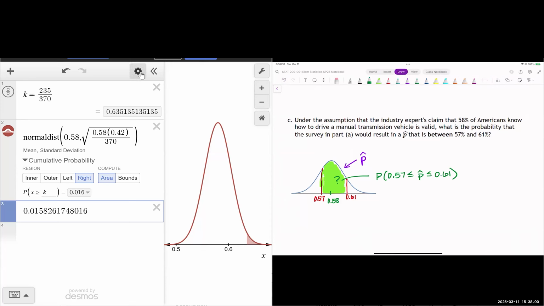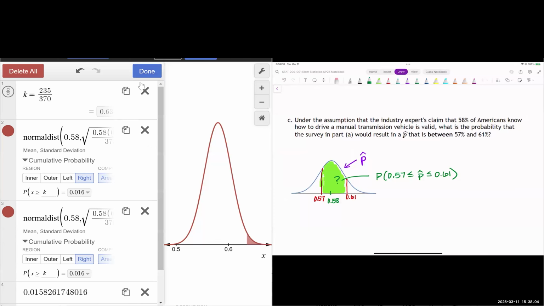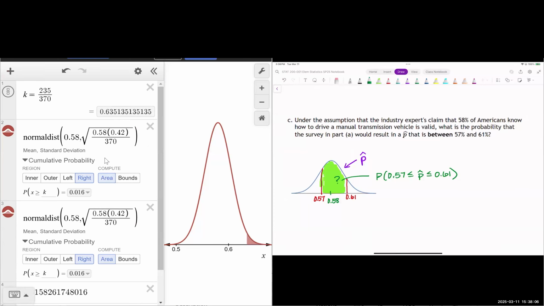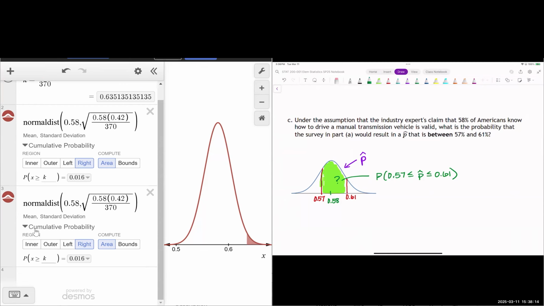And so I'm going to duplicate my sampling distribution to a new line. I do that because I want to preserve my work for each problem part. And now I'm going to change my selection down here to be an inner area, because I want the area between my lower bound of 0.57 and my upper bound of 0.61.